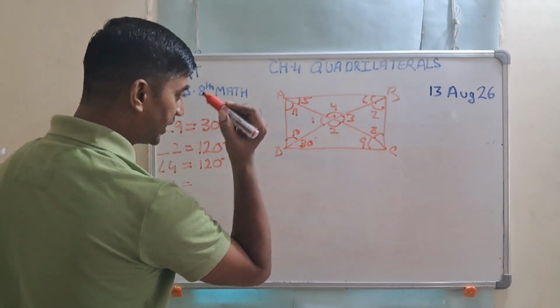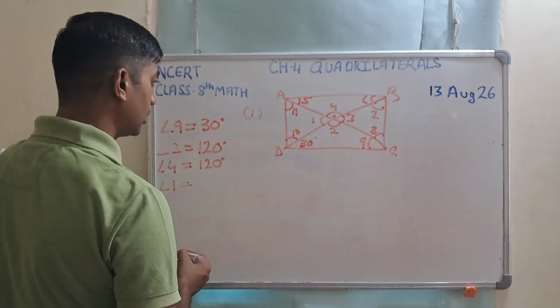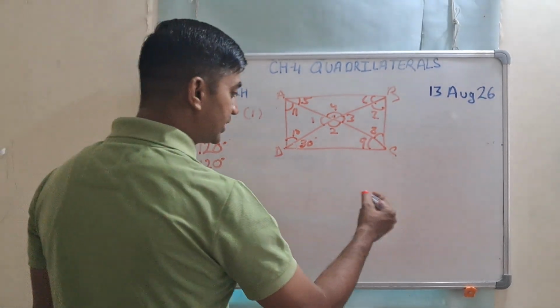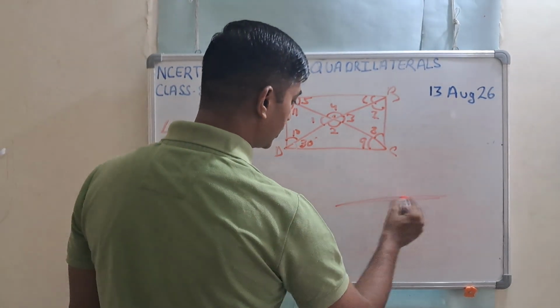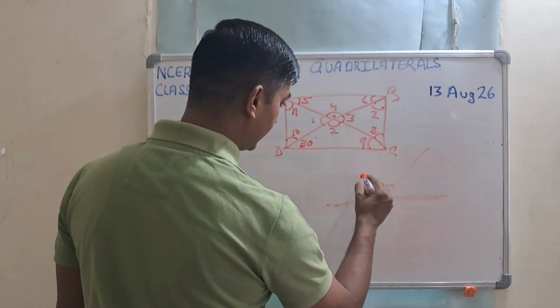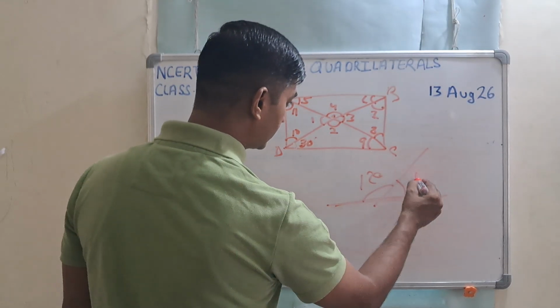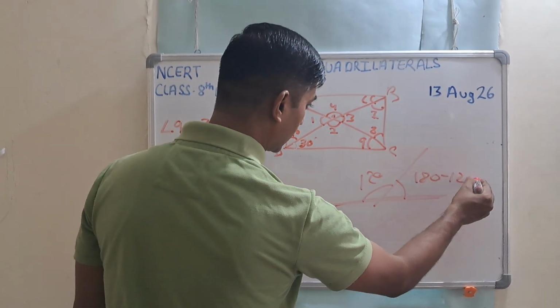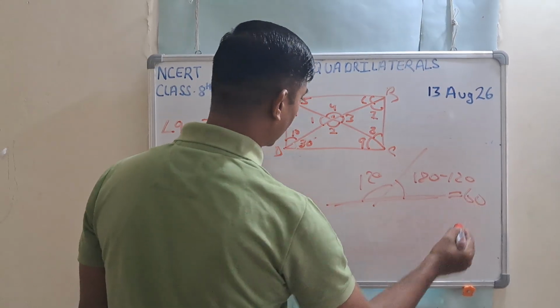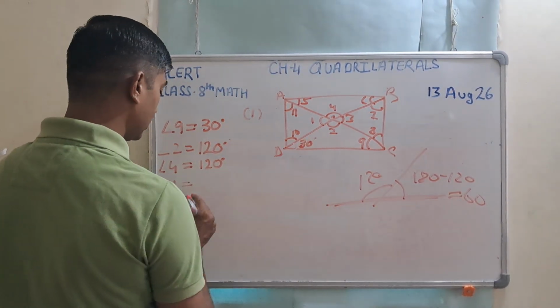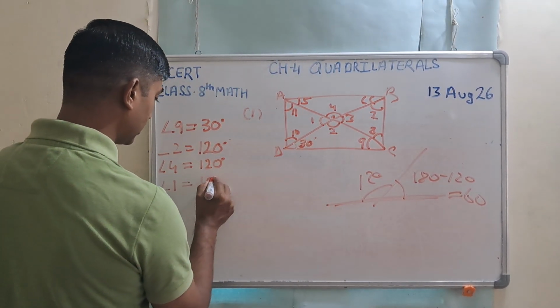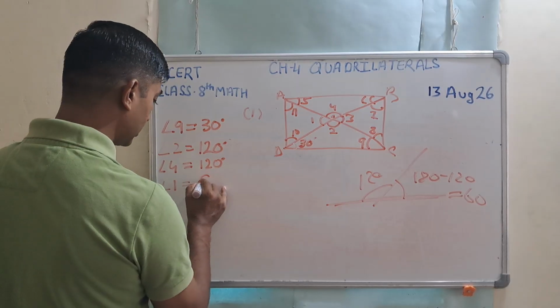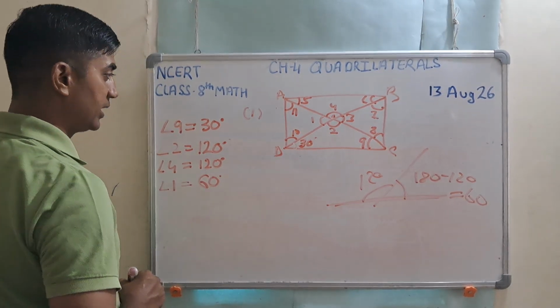Then this angle is 180 minus 120, which is 60. Understood? So angle 1 is 60.